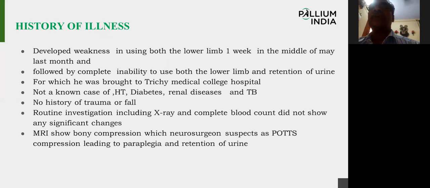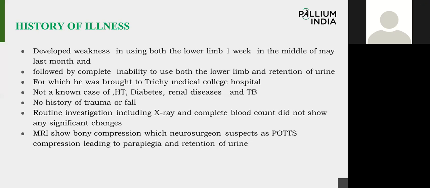Forty days back, the patient was apparently all right, then developed weakness in both lower limbs. He was managed by himself in the family, followed by complete inability to use both lower limbs and retention of urine, for which he was rushed to the medical college hospital, admitted in Trichy Medical College in Tamil Nadu. Not a known case of hypertension, diabetes, renal disease or TB. No history of trauma.